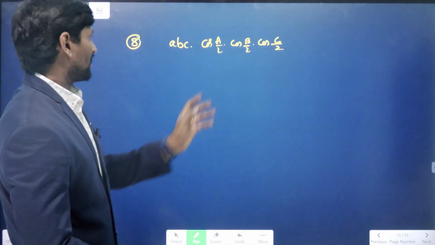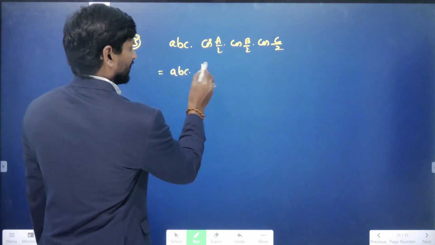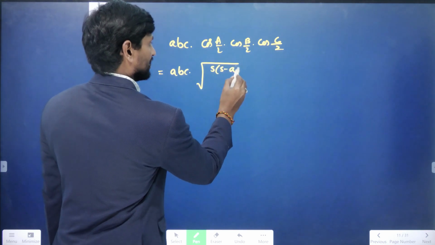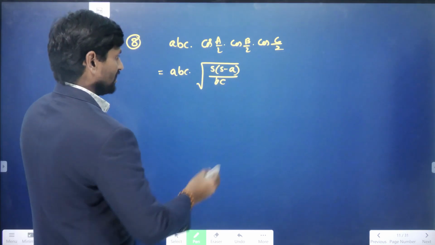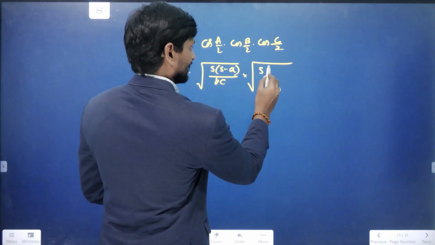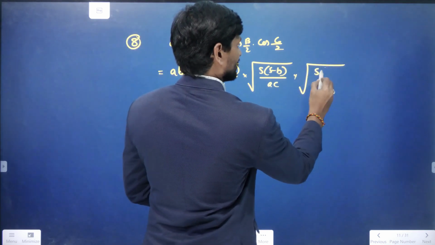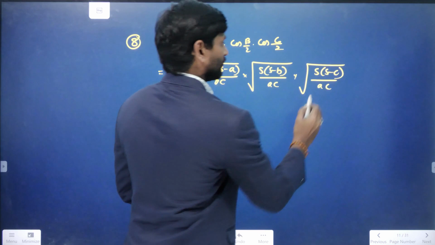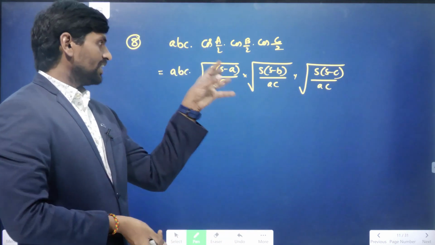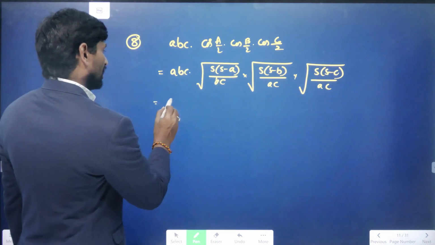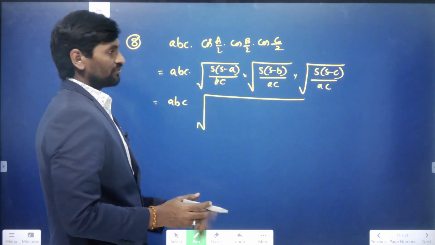For this I can write root over s into s minus a by bc, then root over s into s minus b by ac, and into root over s into s minus c by ab. All are square roots of the same form with only the multiplication symbol between them, so we can write all of them together under only one square root.